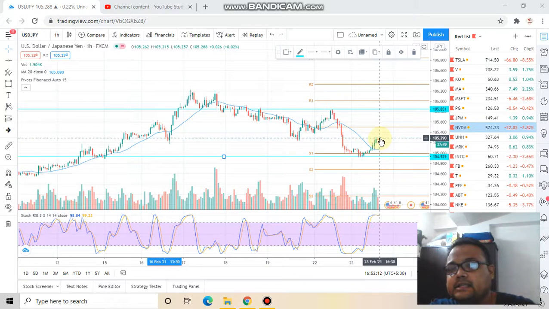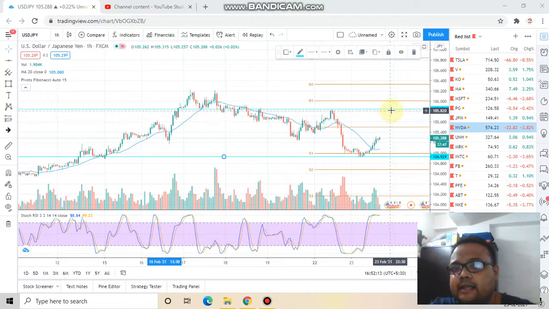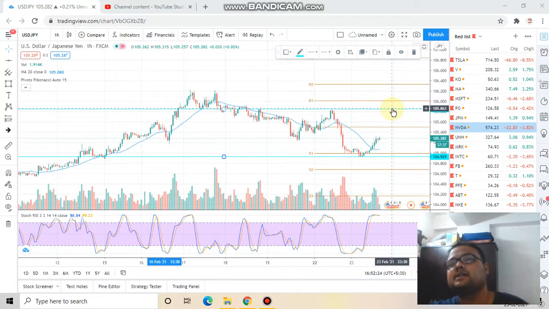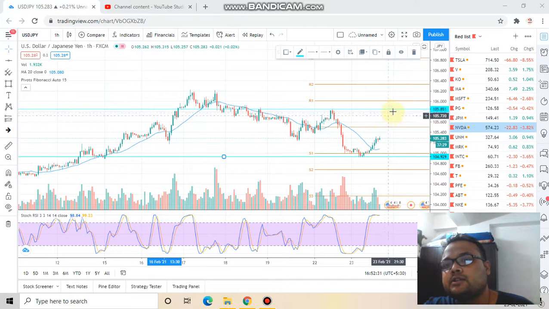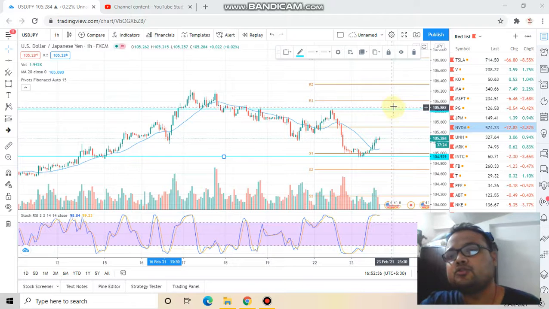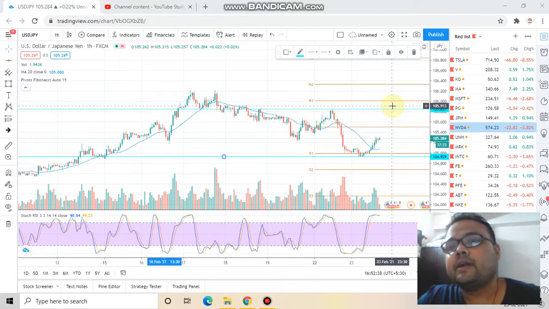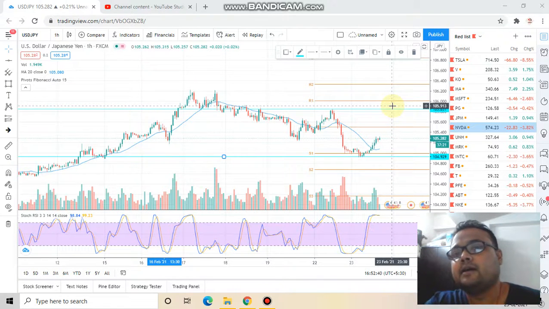And in case it goes up and hits this particular resistance again, 105.85 level, and if you see price rejection from above, or if you see some sudden selling pressure from above, then only you should go ahead and short the market. In case bulls succeed in breaking this level, then you should consider it as a breakout and you can go ahead and buy.